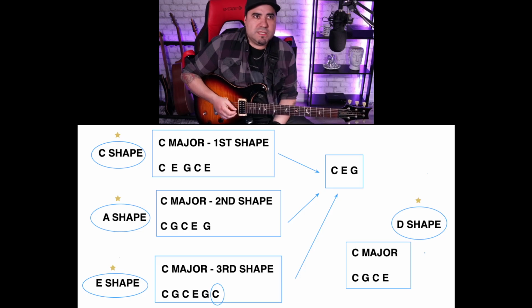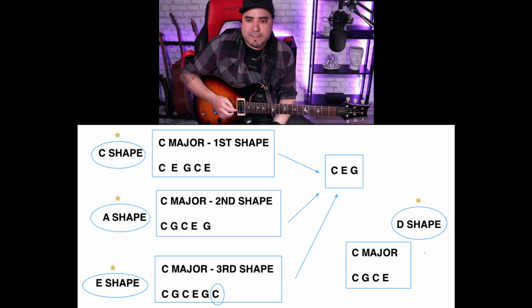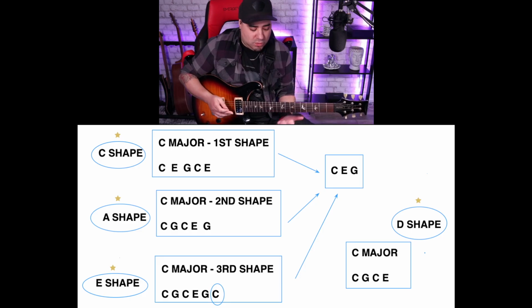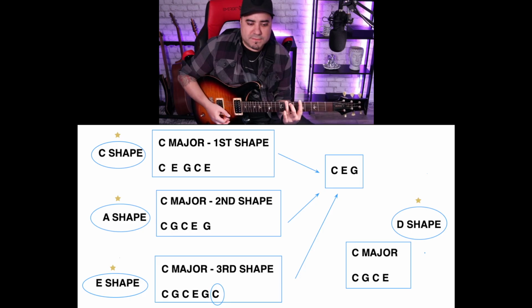But I think the main reason why I don't play this chord as much is because of the sound of this chord. The sound of this chord for me seems like this chord here, the E shape, right?